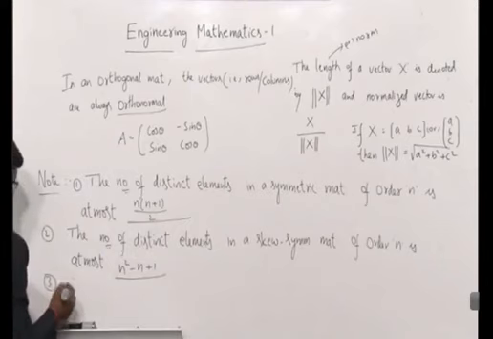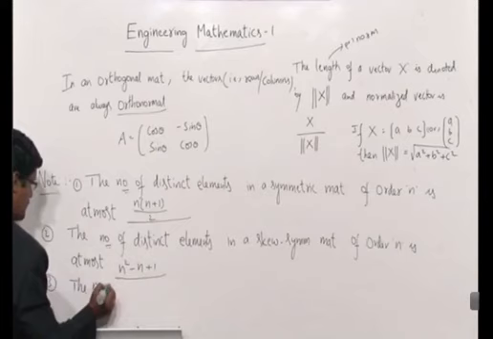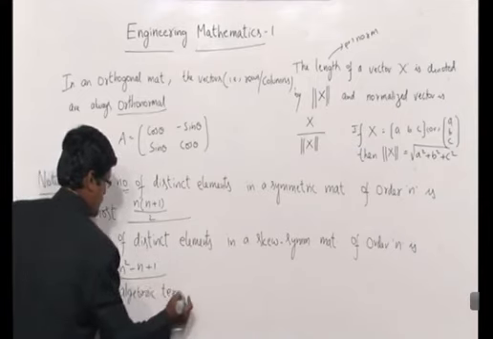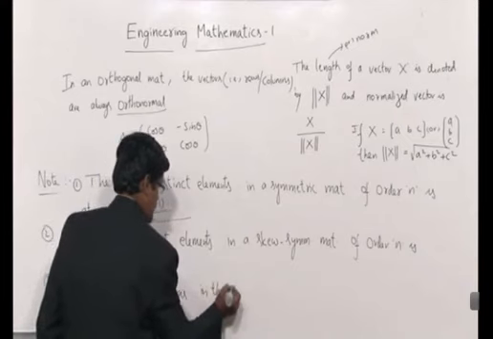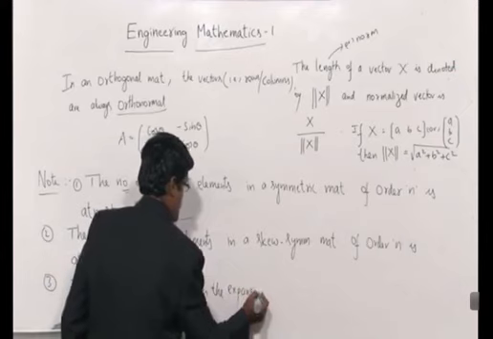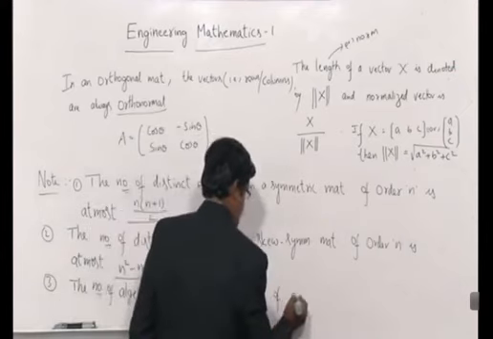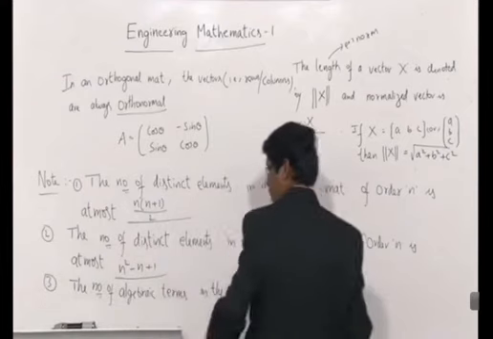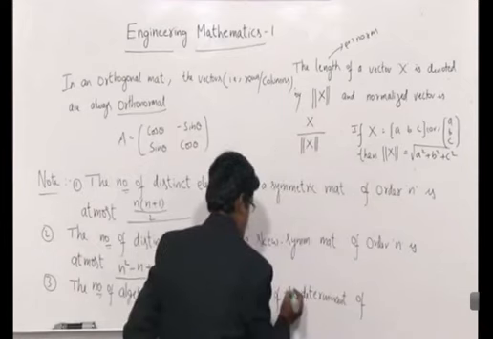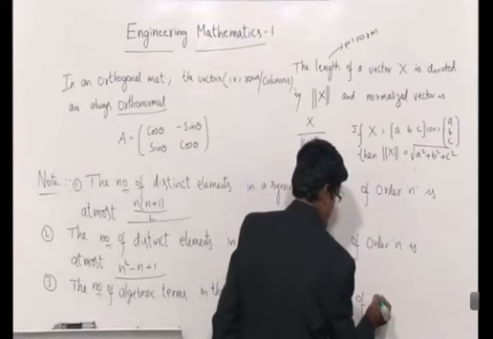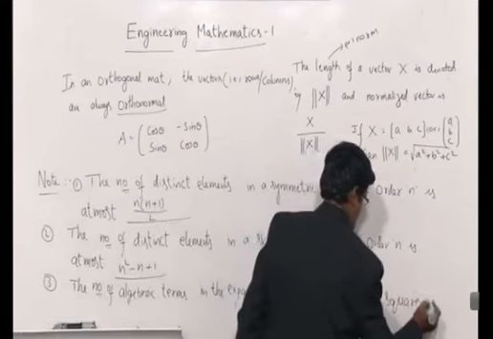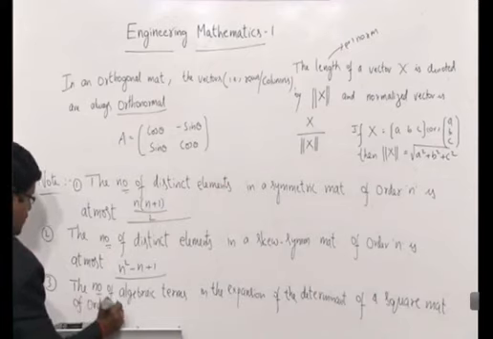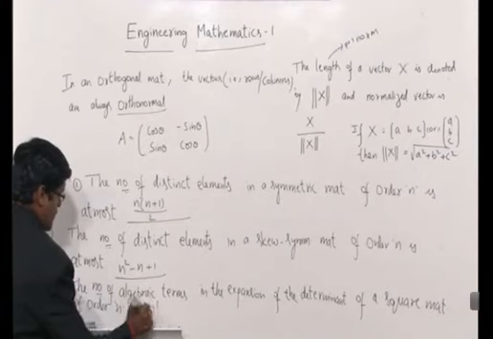Next one is the number of algebraic terms in the expansion of the determinant of a square matrix of order n is n factorial.